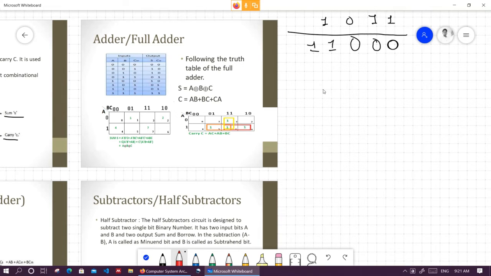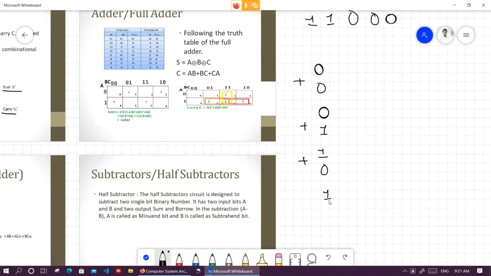Earlier we were having the options 0 0 plus, 0 1 plus, 1 0 plus, and 1 1 plus. Now we have added a carry in. So for carry in we have two options, 0 and 1. So this will be for 0 and this will be for 1.